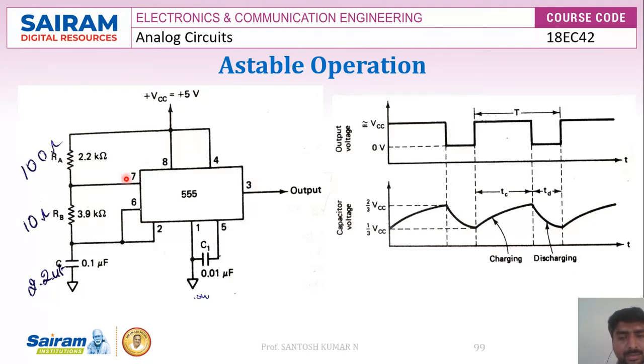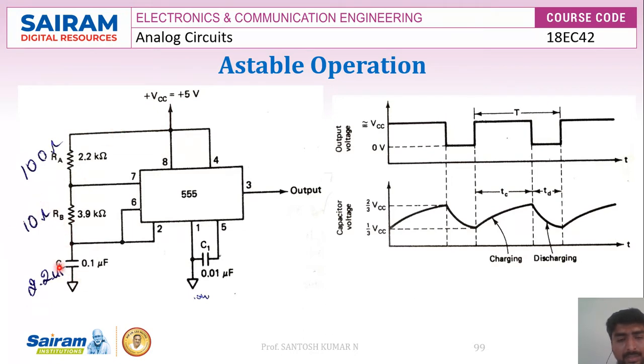So this shows the 555 timer connected to work as an astable multivibrator. Let's consider initially the output is high and the capacitor starts charging towards VCC through RA and RB.